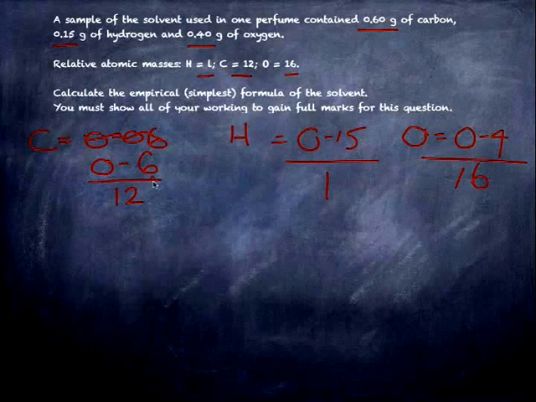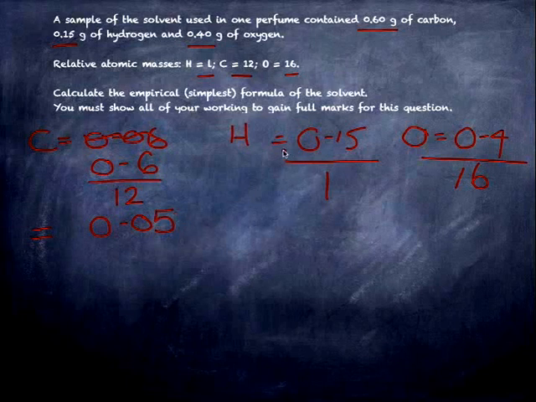So plugging all of this into the calculator, we get 0.6 divided by 12. That works out at 0.05. The hydrogen 0.15 divided by the 1 is obviously going to be 0.15.